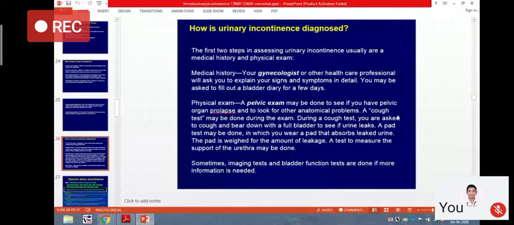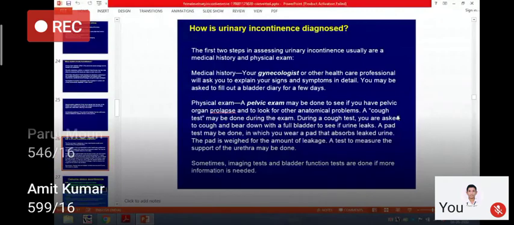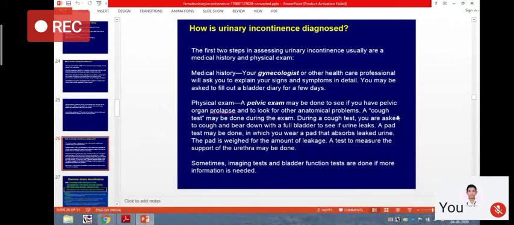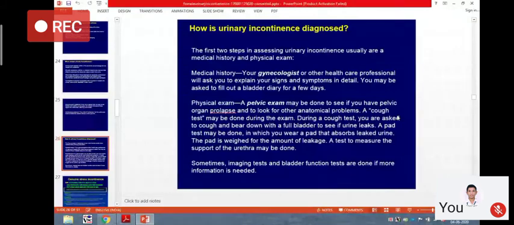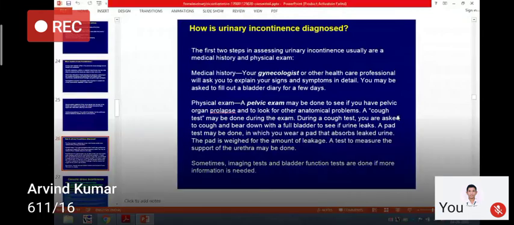Whenever a patient complains of urinary incontinence, one should take the history, first the medical history: what symptoms, details about the incontinence, to rule out whether she is passing urine during laughing, coughing, walking, running, and about the frequency.